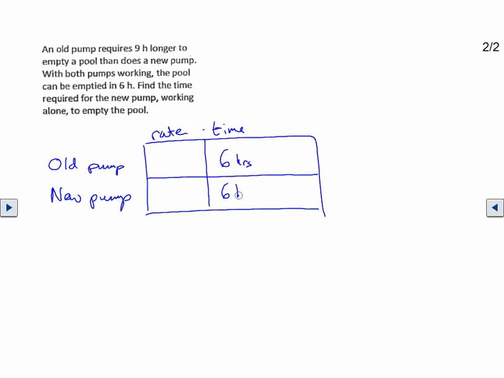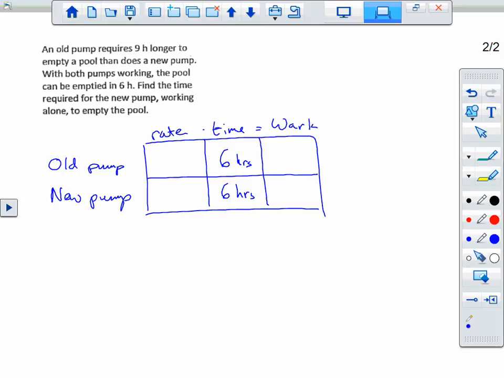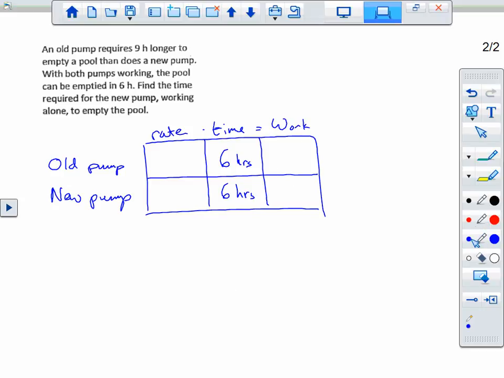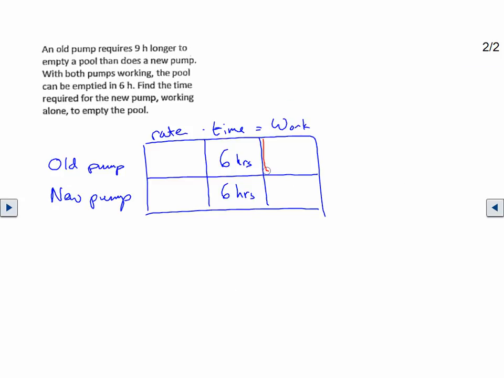Both pumps working 6 hours, and the work that gets completed is just the product of their rate times their time. This box is going to be the work that the old pump does, and this box down here is going to be the work that the new pump does.